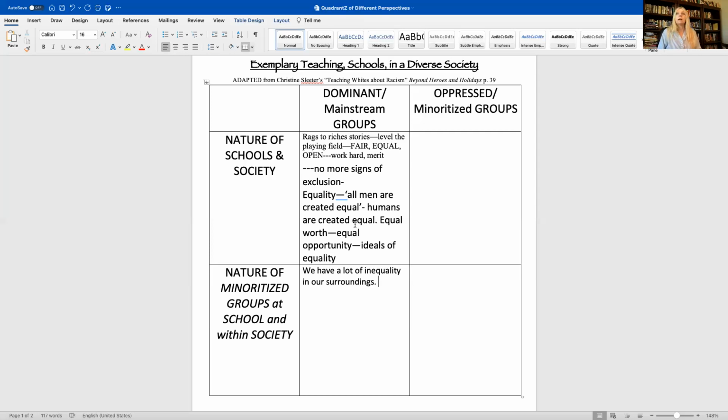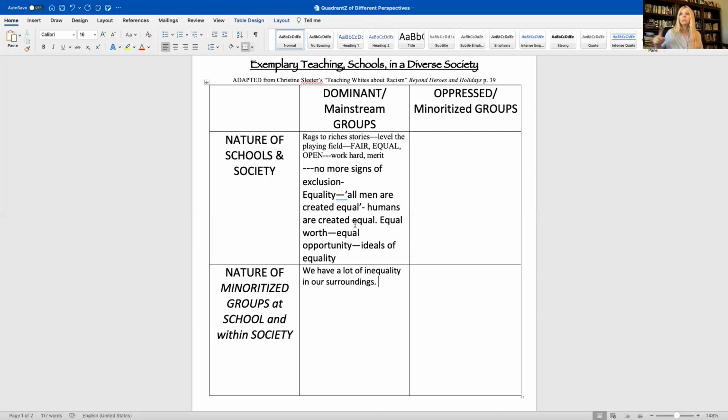But when you walk around saying, all men are created equal, all human beings are created equal, it's a problem when people look around and say, you just said that everybody's created equal and should have an equal opportunity, but how come your prisons look that color and your universities look that color?